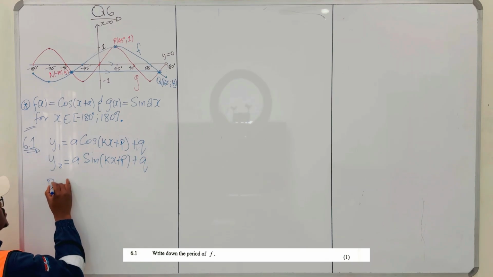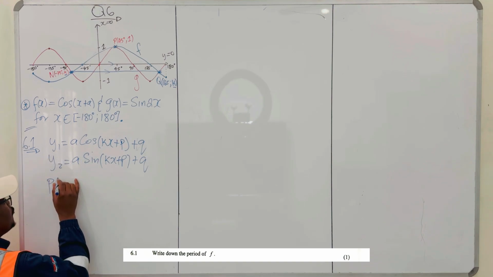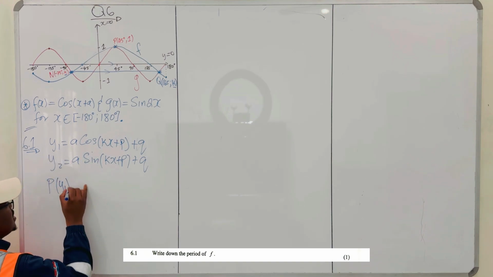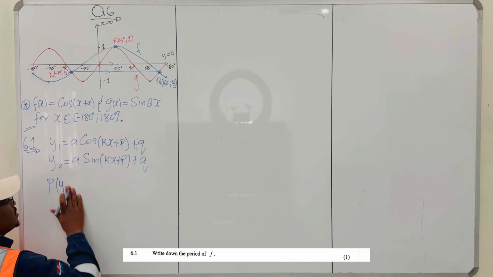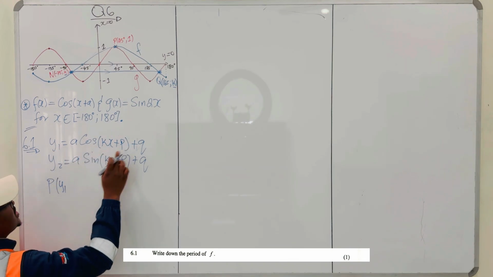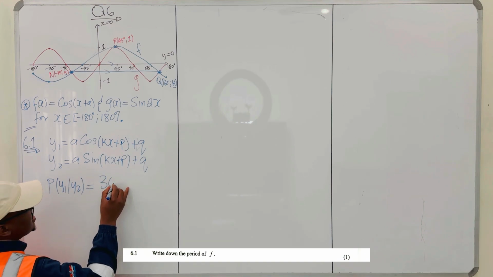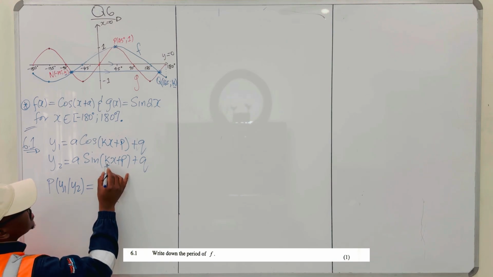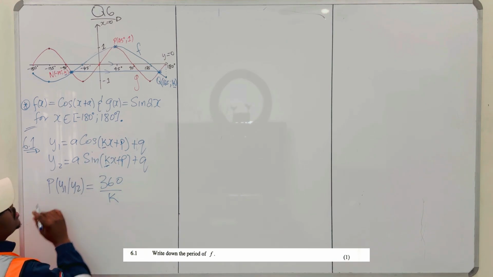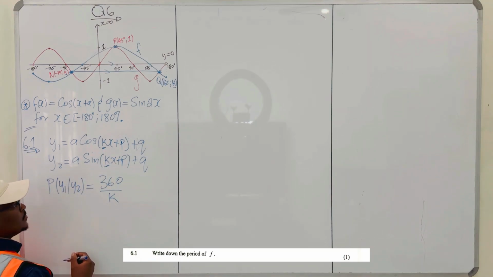The period for both of them is calculated by 360 divided by k. What is this k? This k is the coefficient of x in your function.